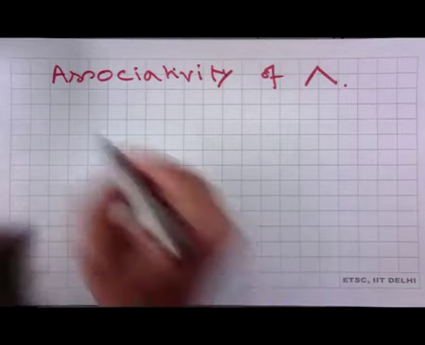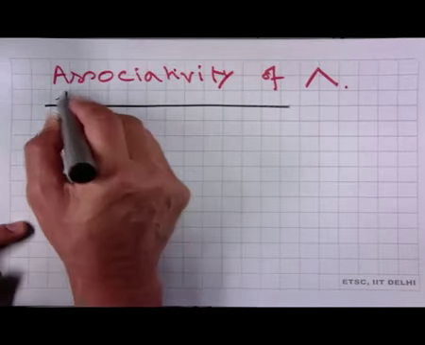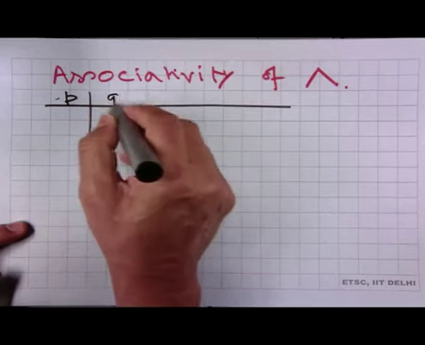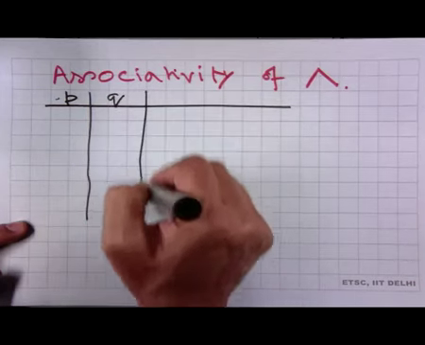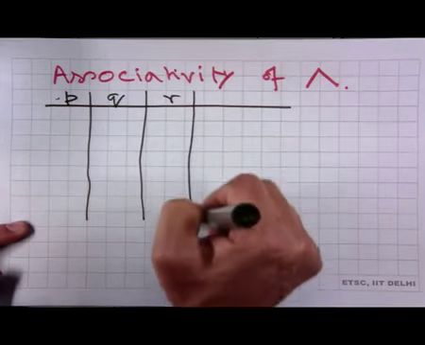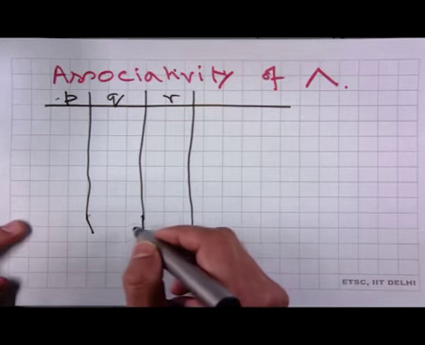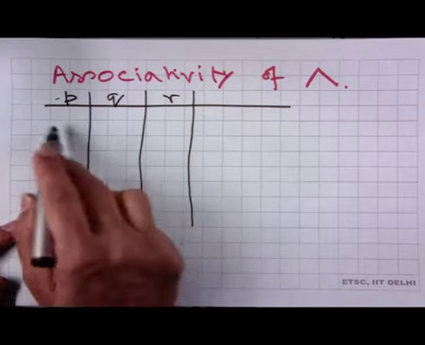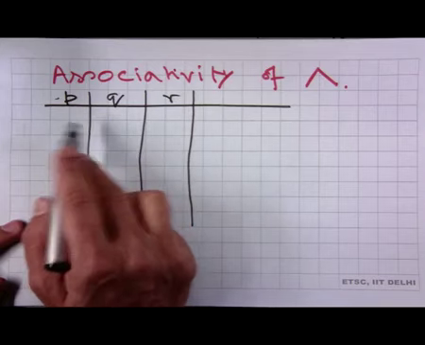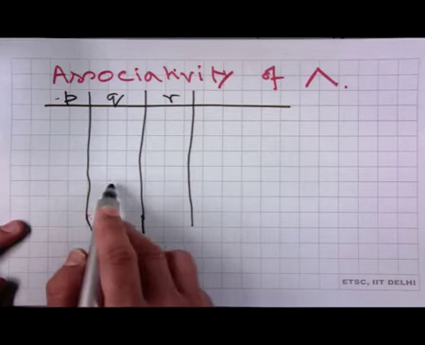So, we take P, Q, R, three statements, and the way we were doing for two statements, the four possibilities of truth values, true, true, true, false, false, true, false, false.